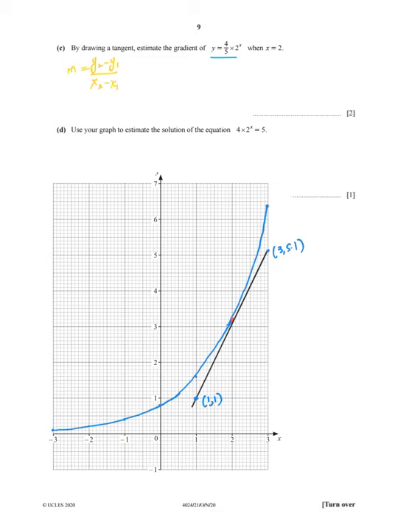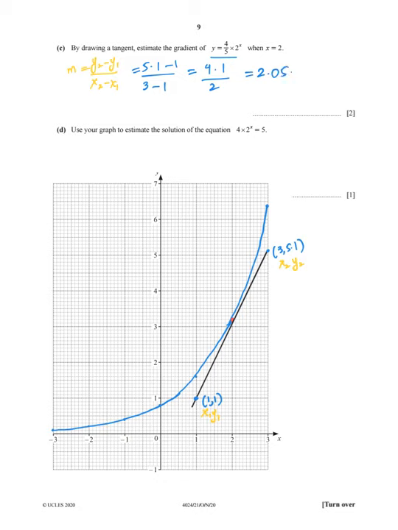Let's suppose this point here is x1, y1 and this one is x2, y2. So it's 5.1 minus 1 divided by 3 minus 1. So 5.1 minus 1 is 4.1, divided by 3 minus 1, which is 2. So the gradient I got is 2.05. That is your answer.